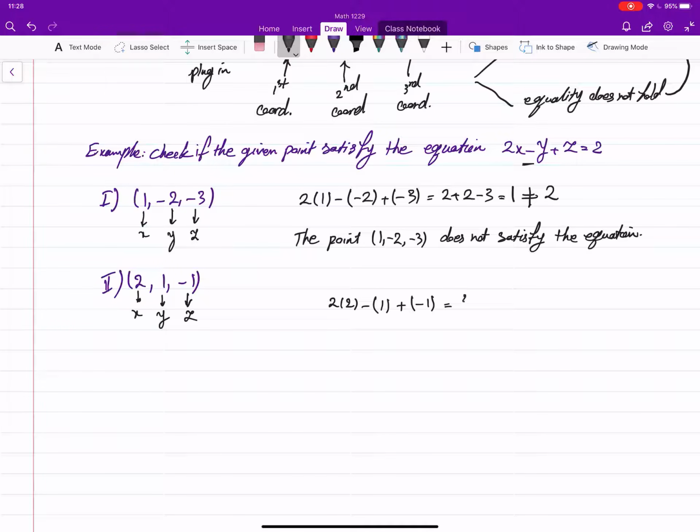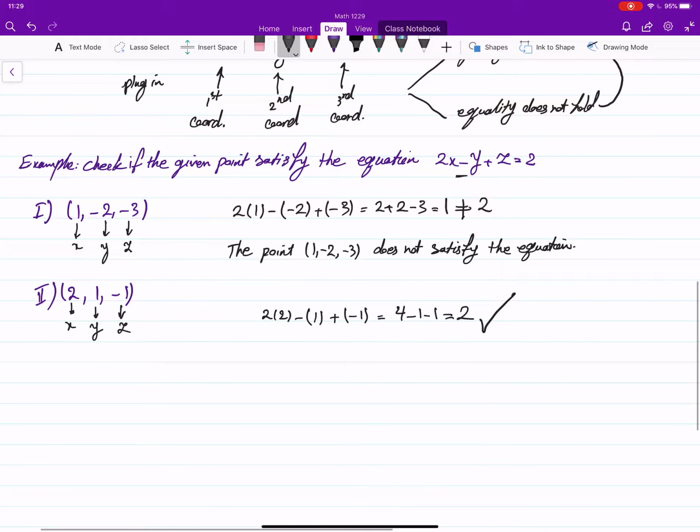This gives us 4 minus 1, and it is equal to 2. Yes, when I plugged x, y, z in the left-hand side, I got the right-hand side. That means that (2, 1, -1) satisfies the equation.